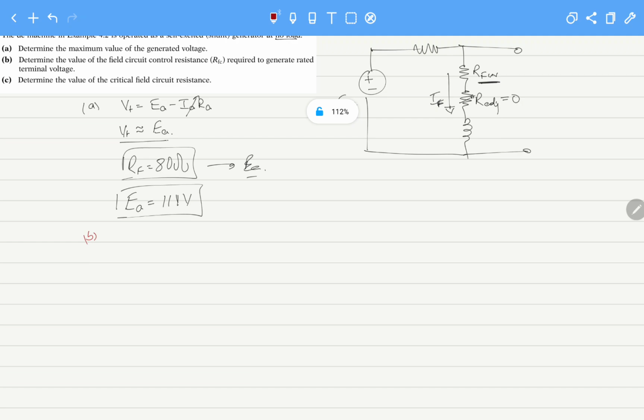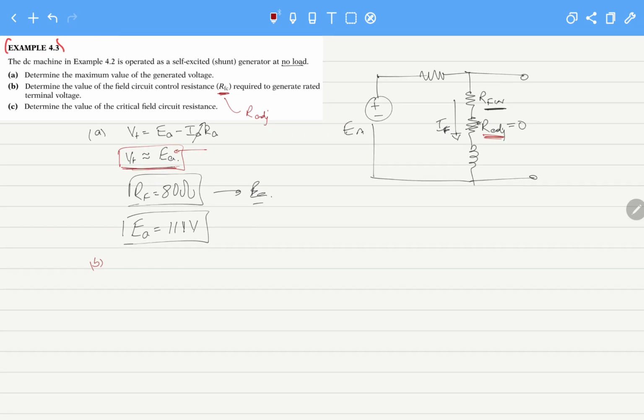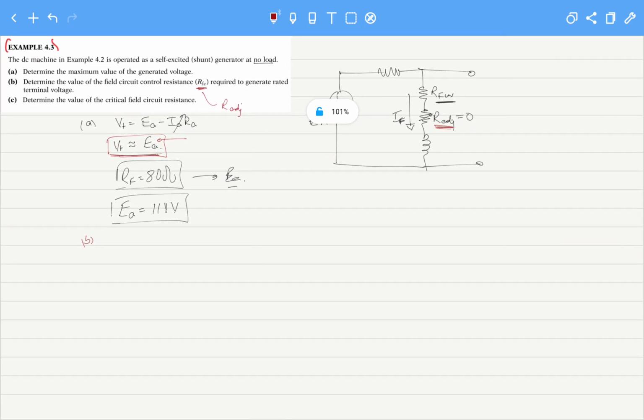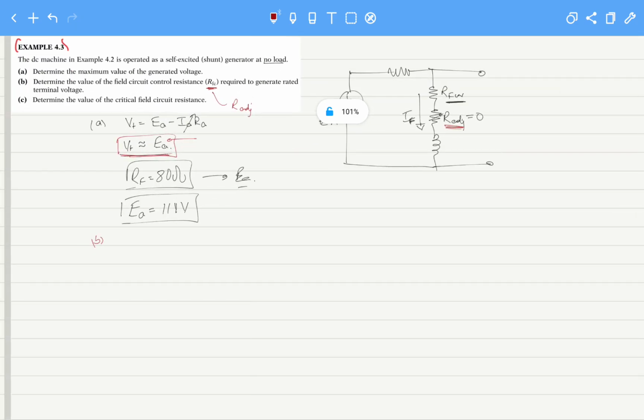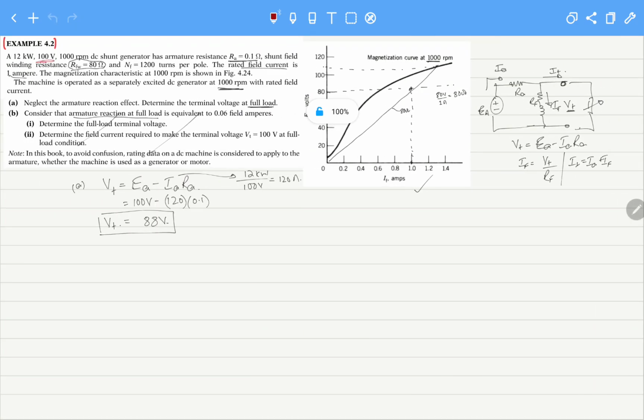Now the second part states: determine the value of the field control resistance RFC, that is, R adjustable, required to generate the rated terminal voltage. Now remember, this is a no load condition, so whatever the induced voltage is, that is the terminal voltage. The rated voltage for our machine is 100 volts.